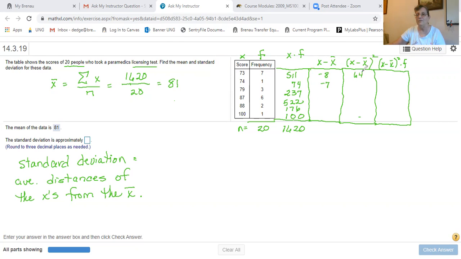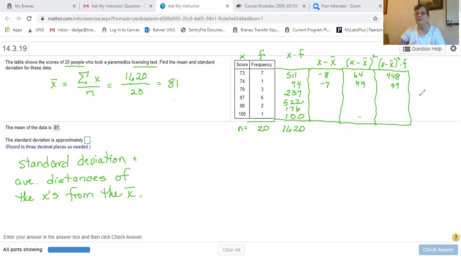So -8 squared becomes 64, -7 squared is 49. We're going to multiply those by the frequency with which it happened. So 64 times 7 is 448. 49 times 1 is 49.